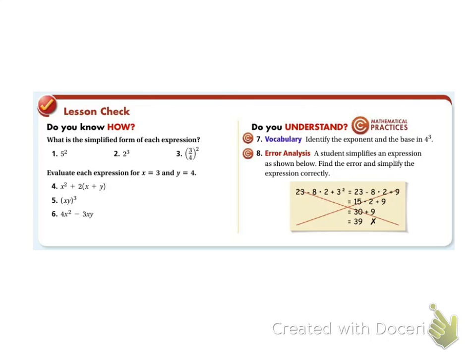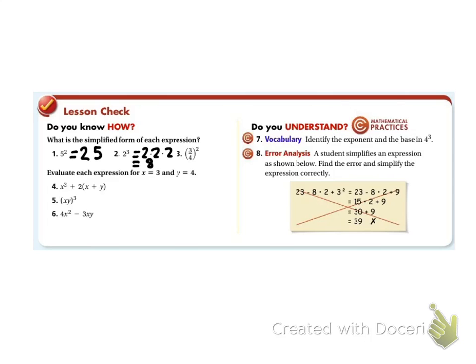Okay, our lesson check. What is the simplified form of each expression? 5 squared is equal to 25. That's the same thing as 5 to the second power. 5 squared and 5 to the second power mean the same thing. Number 2 is 2 to the third, which is the same thing as 2 times 2 times 2, which gives me 8.